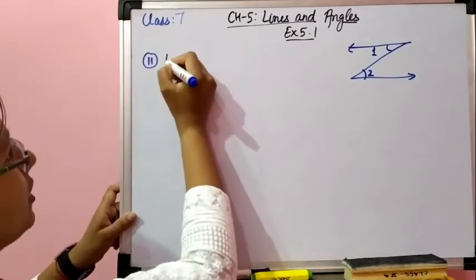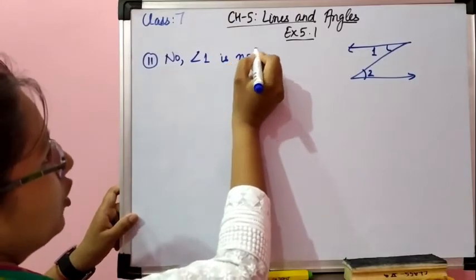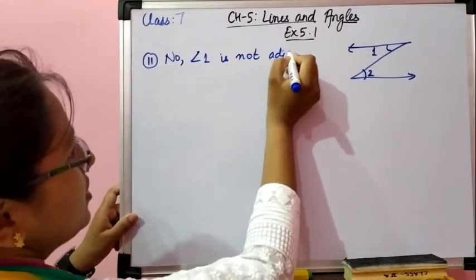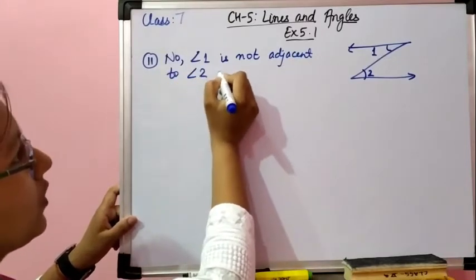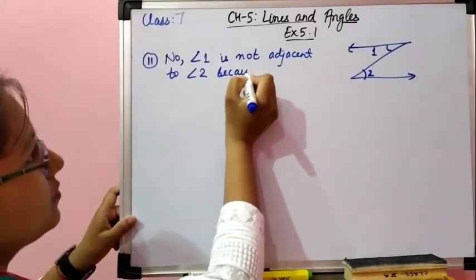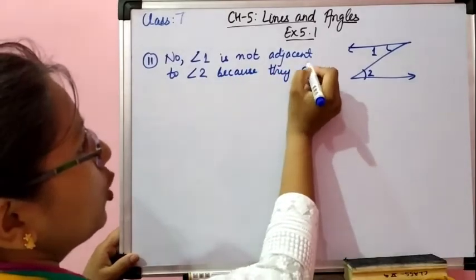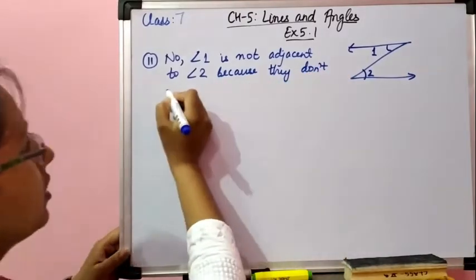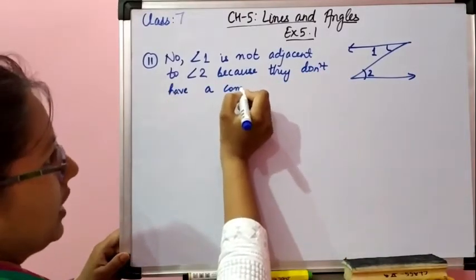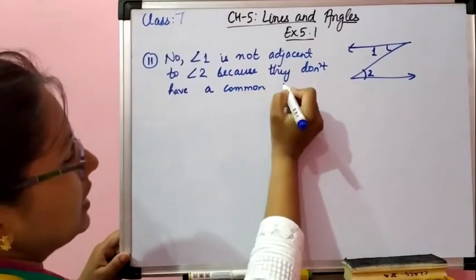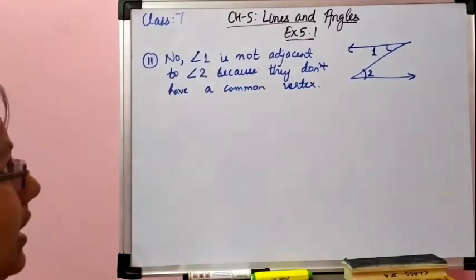So what we will say, no, angle 1 is not adjacent to angle 2 because they don't have a common vertex. Okay, so this is the reason that they are not adjacent angles.